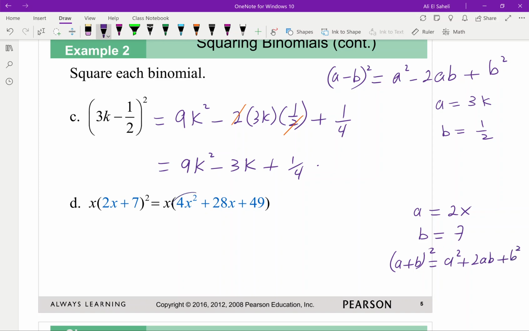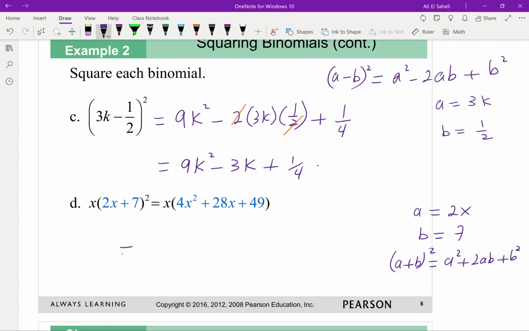So this is A squared, 2x squared, plus 2AB. 2 times 7 is 14, times 2 is 28. So that's this term, 28x, plus B squared, which is 49.